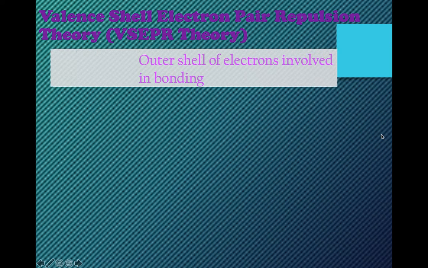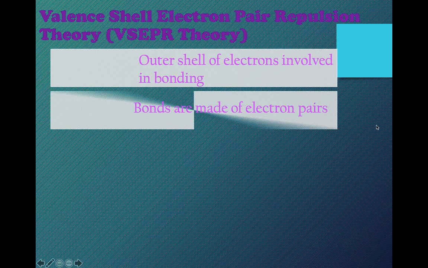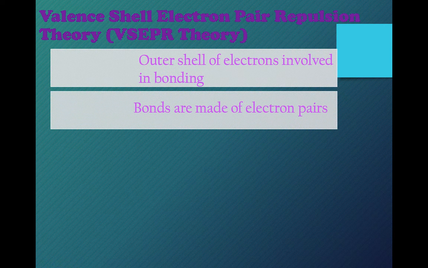The biggest thing when it comes to the theory behind how this works, we call it VSEPR theory. You want to be familiar with VSEPR theory, and the name is somewhat explanatory.